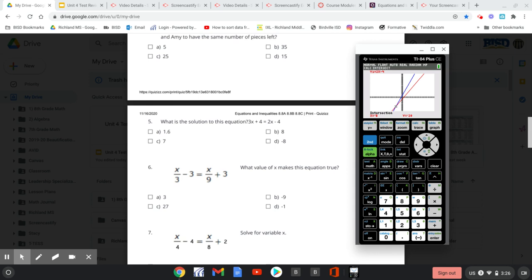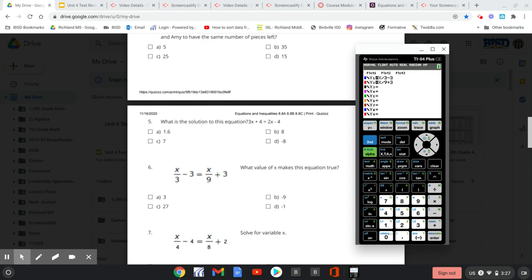Let's go to number 6. We haven't done anything like this, but that's no worries. We can put it in the calculator. We're going to put in x divided by 3 minus 3. We're going to hit enter, and we're going to put in x divided by 9 plus 3.